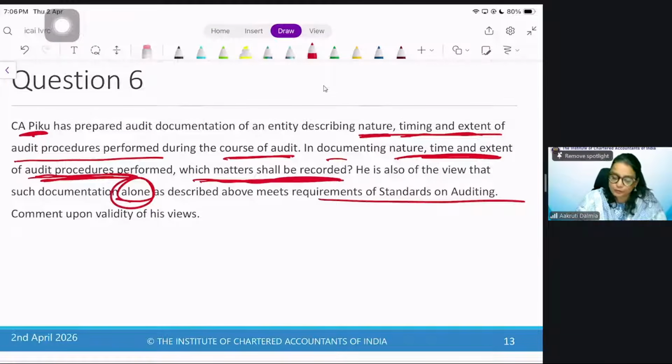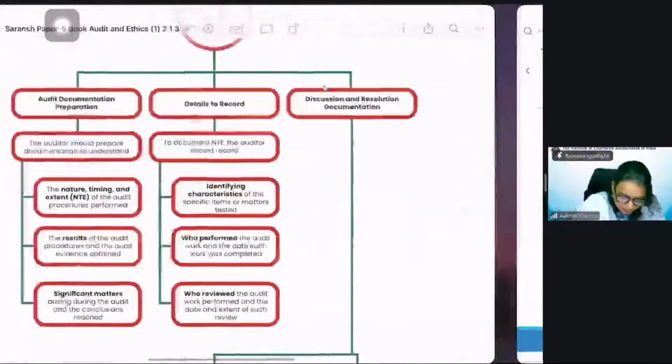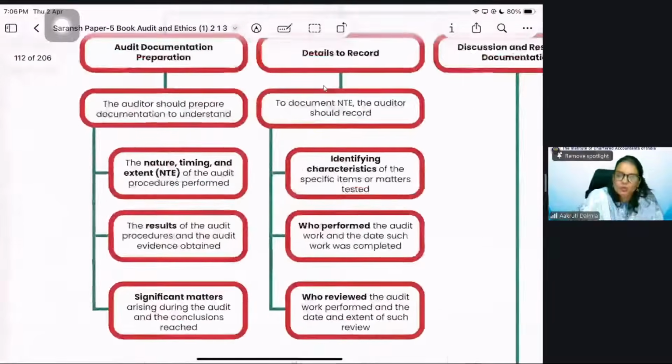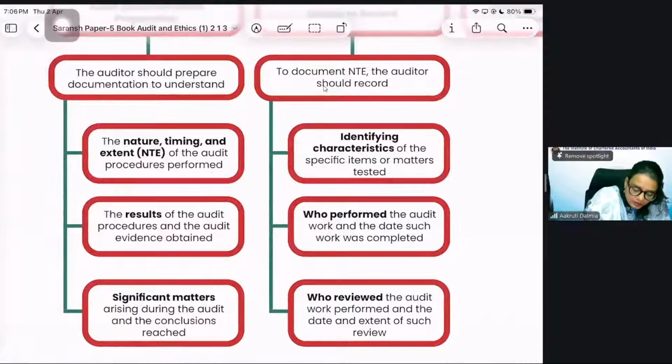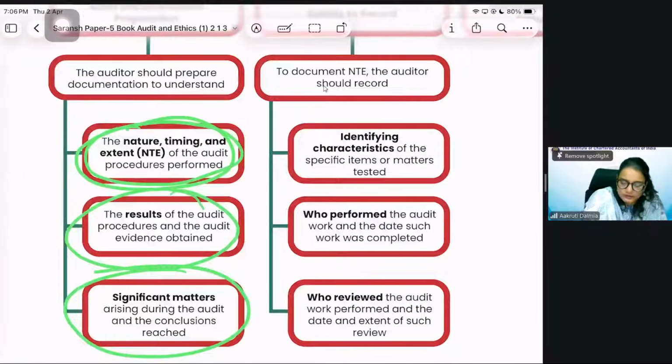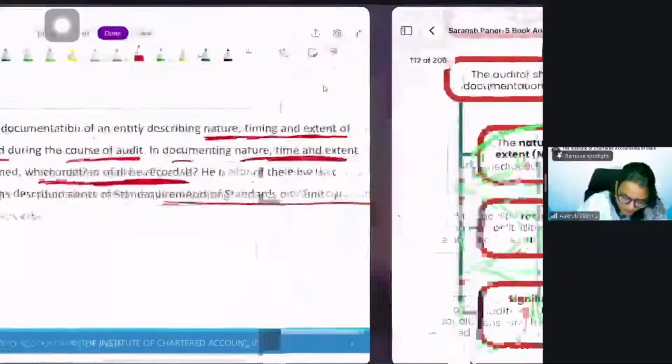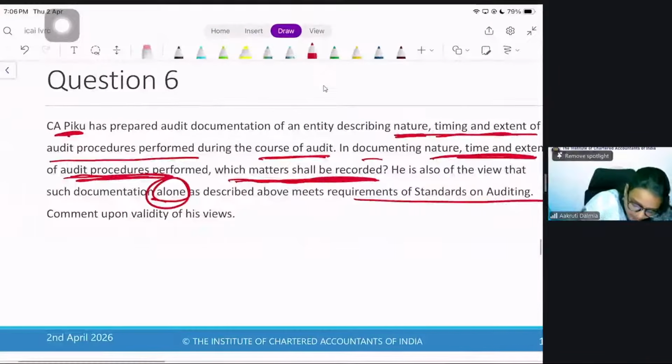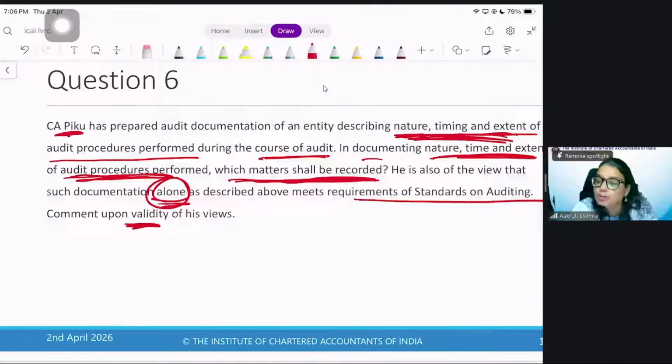Is this enough? No. If you see, this is not enough, you also have to record this and this. So, is it valid? Is the documentation of nature, timing, and extent of audit procedure enough? Is it enough to just document that?